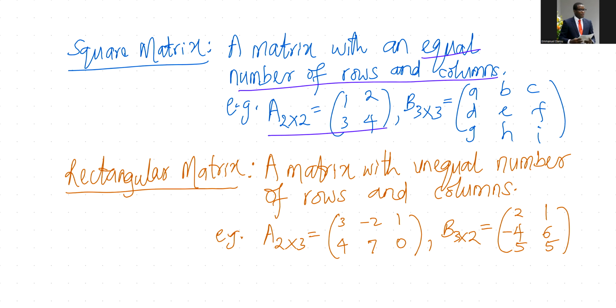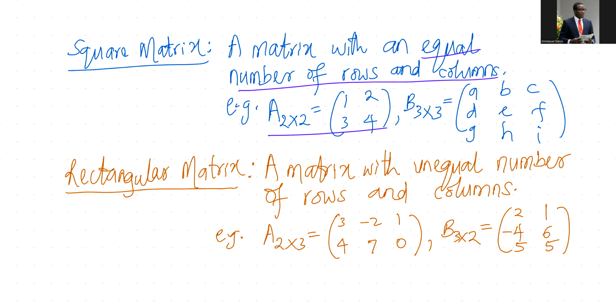A rectangular matrix is a matrix with an unequal number of rows and columns. So when the number of rows is not equal to the number of columns, then you have a rectangular matrix. In a sense, you can say that column and row matrices are all rectangular because the number of rows is different from the number of columns. But those ones are special in that they have either just 1 column or just 1 row.